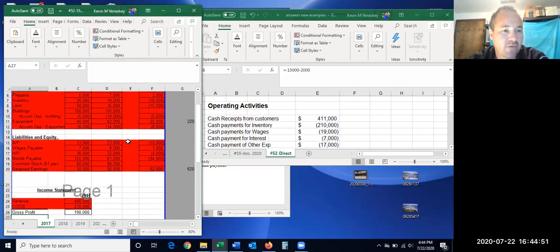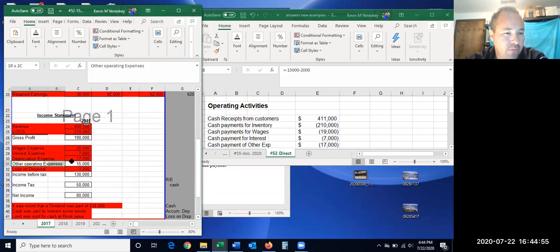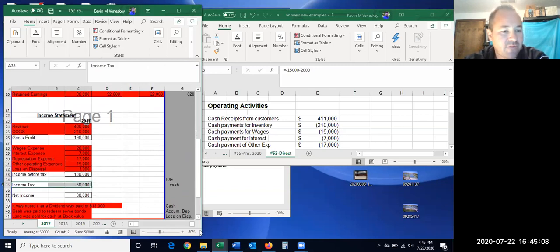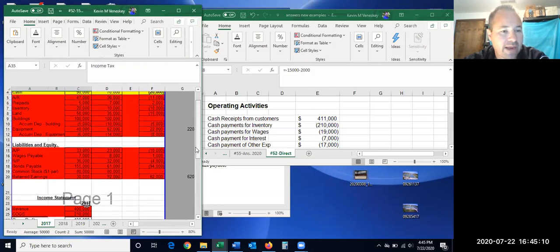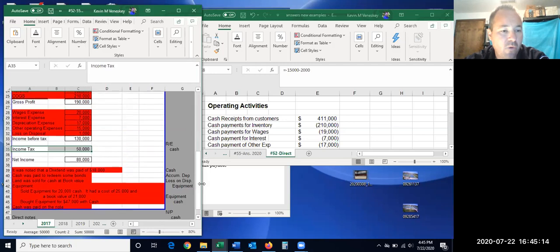I've now taken care of all of those balance sheet items, and I'm almost done with this. My loss, I just don't need to put that on there. Just like with depreciation, I don't need to readjust for it. The only thing I have left is my income tax, 50,000. I don't have any income tax payable, so whatever it is, I paid it all off right now.